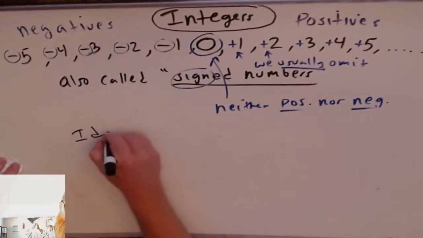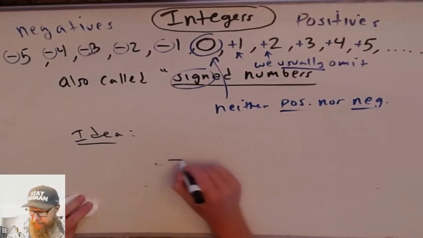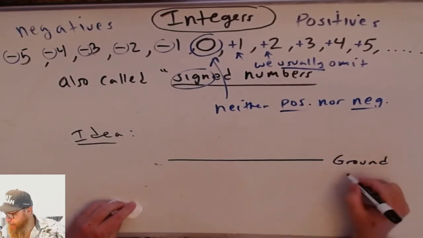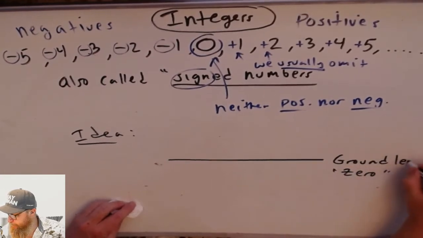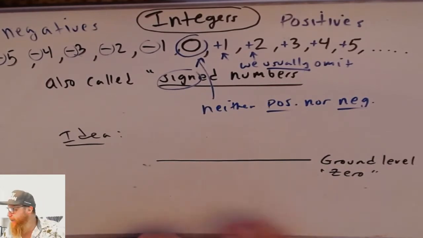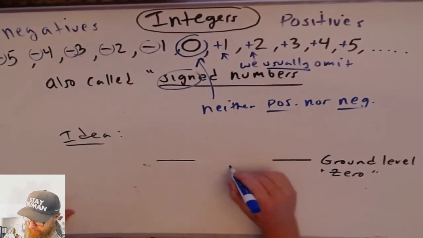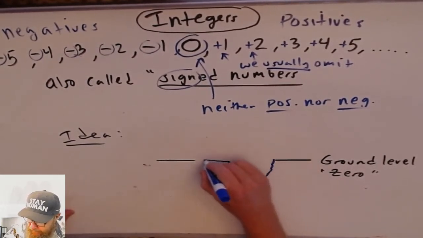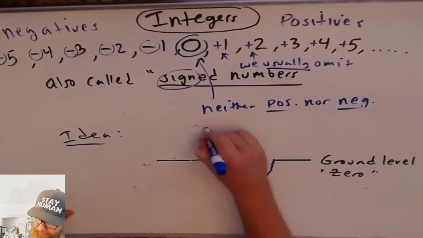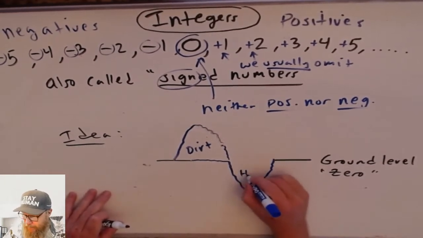Here's the way that I often had it described. Suppose you have some sort of flat ground. We call that 0. The ground level could be 0. And then if I dig a hole, and I make a pile of dirt, this is the hole.